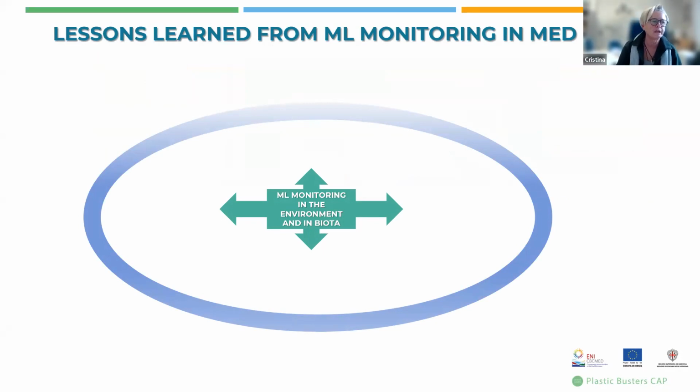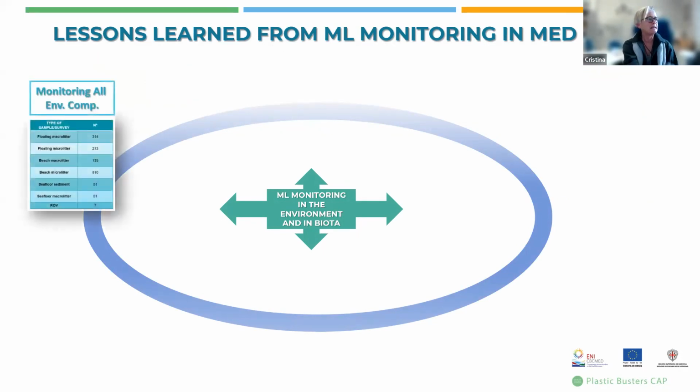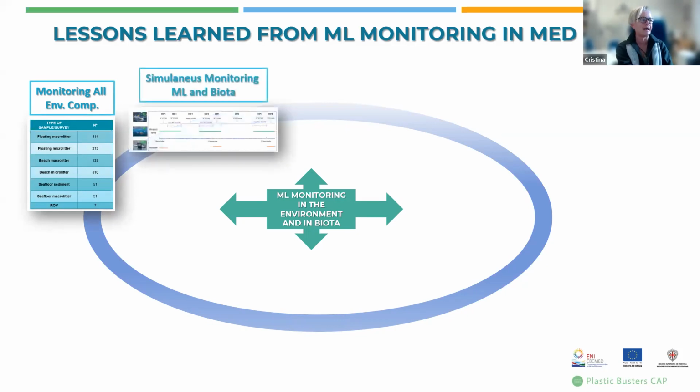It's very important to have simultaneous monitoring of marine litter in the environment and marine litter impact on biota. That comes from, for example, monitoring the different compartments. You have seen in the monitoring shown by Thomais and Cristina how the impact is different in the different compartments.